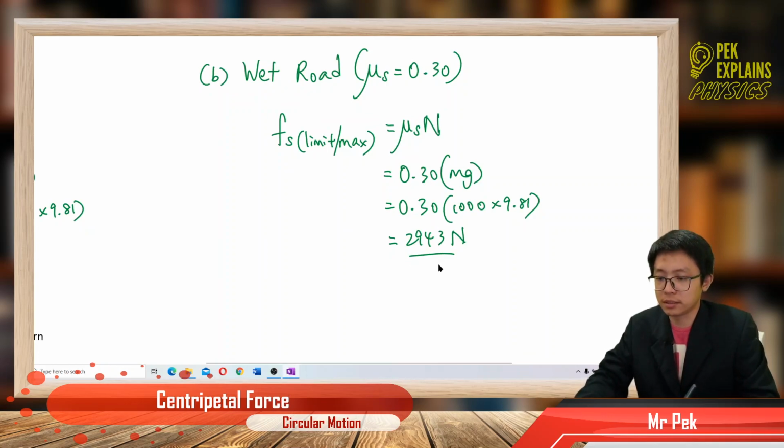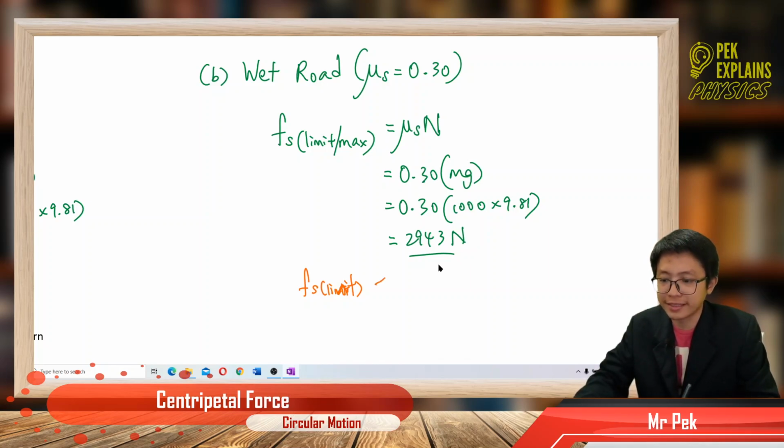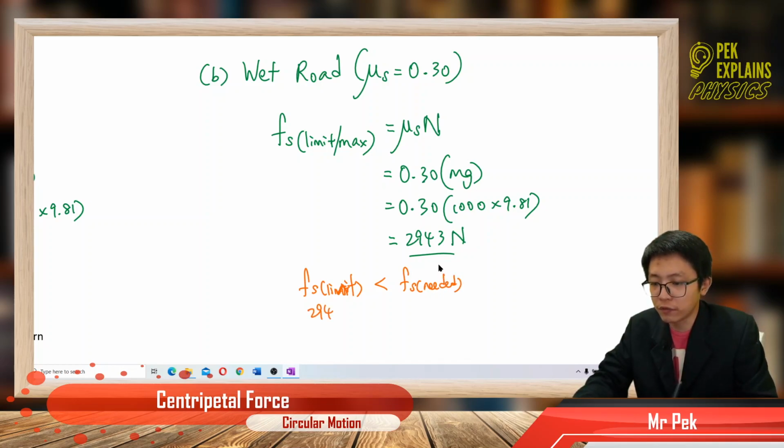So what you can write there is, the limiting static friction is less than the friction needed. That means 2,943 Newton is less than the friction required, 4,500 Newton.